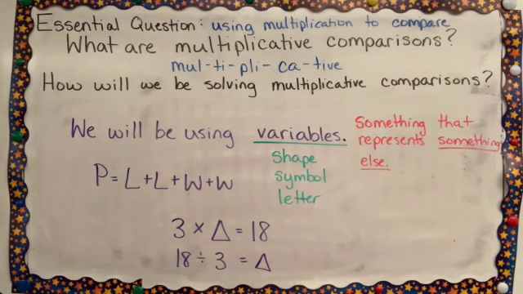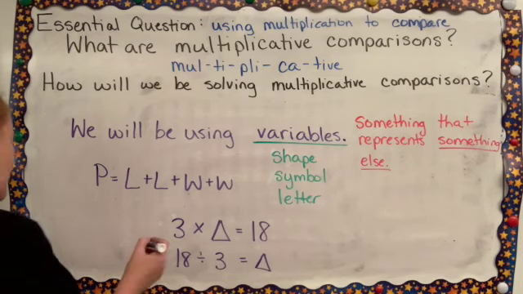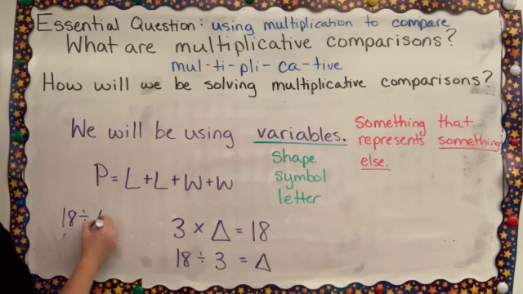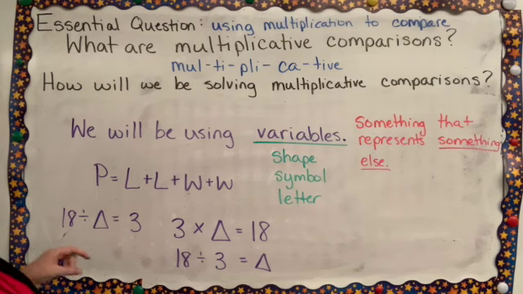Haven't we been doing that? Absolutely we have. You could also change this around one more time, and we could say 18 divided by the triangle will give us 3. Okay? So these are some different ways.